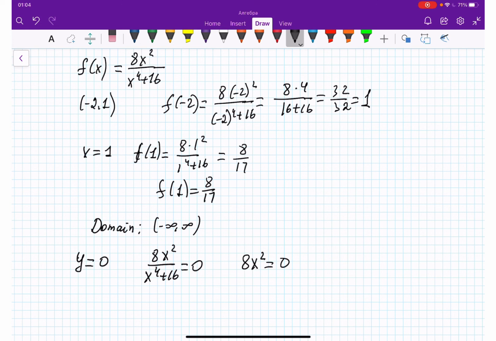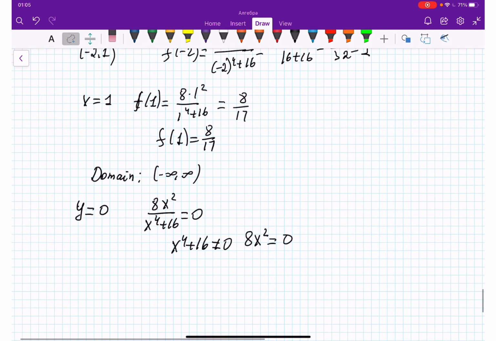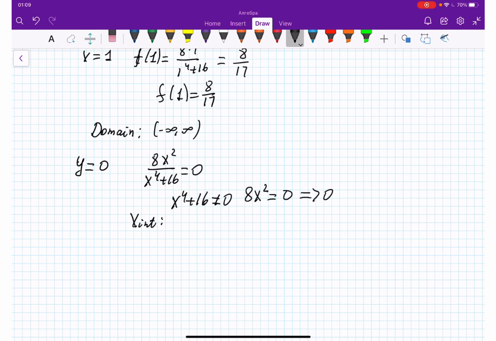Because x to the 4 plus 16 can never be equal to 0. Then 8x squared is equal to 0, and from here x is equal to 0, right? So the x-intercept is going to be 0, 0.